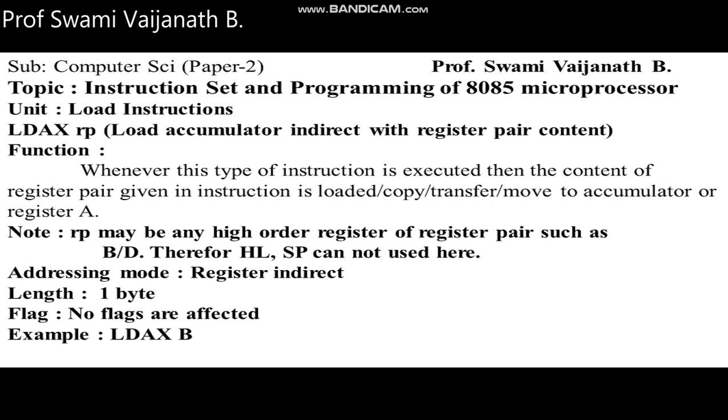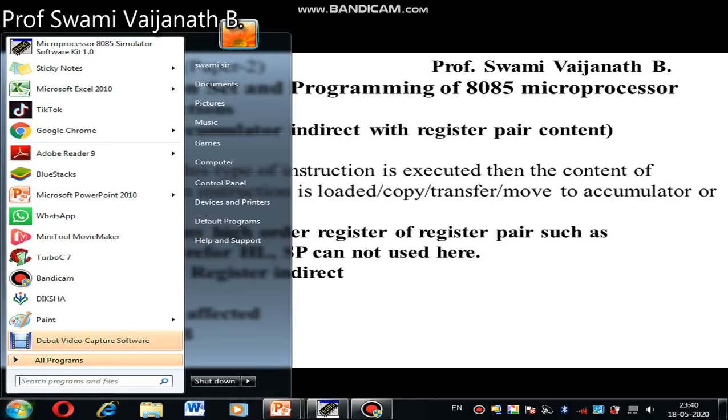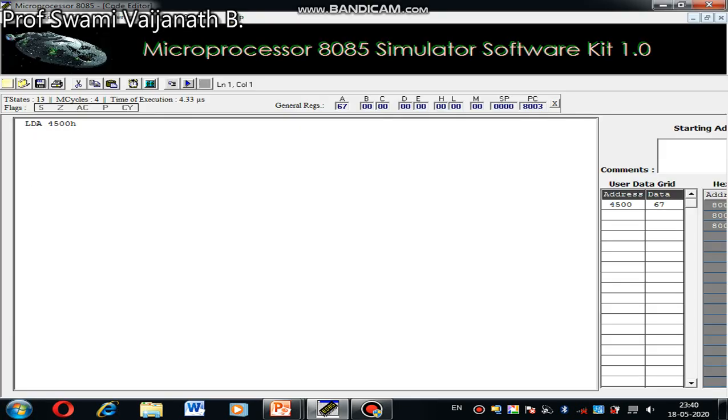See practically. Suppose I initialize the BC address to 4500H. In 4500H, I take here 89H.